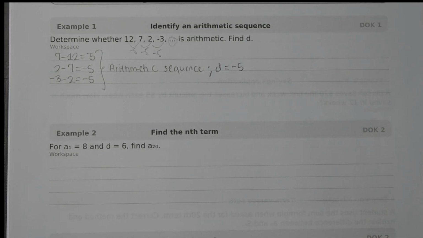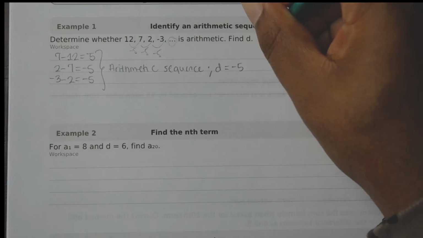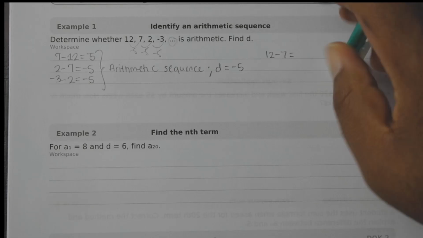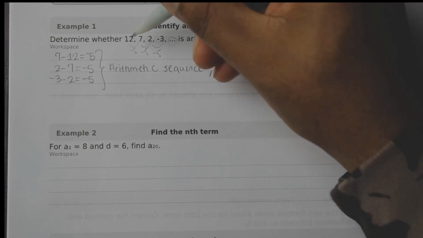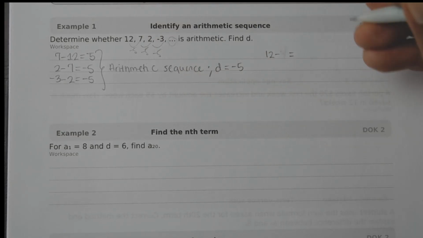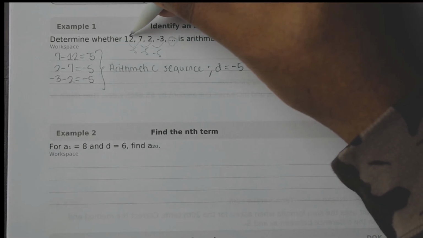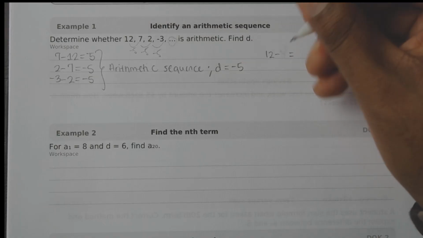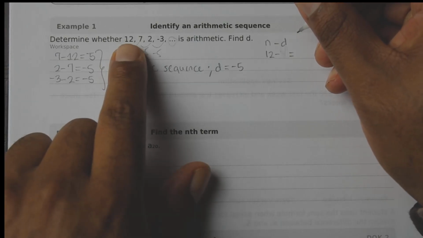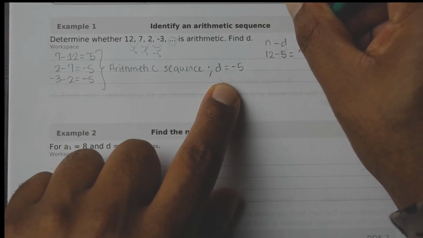If we're going from term to term, we would use the number minus d. So the number is 12. 12 minus 5 is 7.